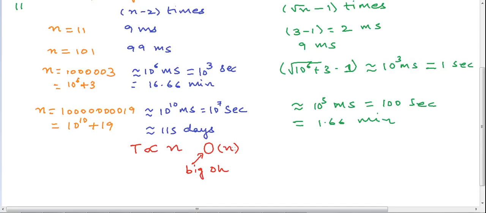We will not go into the detailed mathematical assumptions behind this notation for now. The time taken by Shyam's program is proportional to square root of n, and we say that this is an order of square root of n algorithm, and we represent it by big O square root of n.